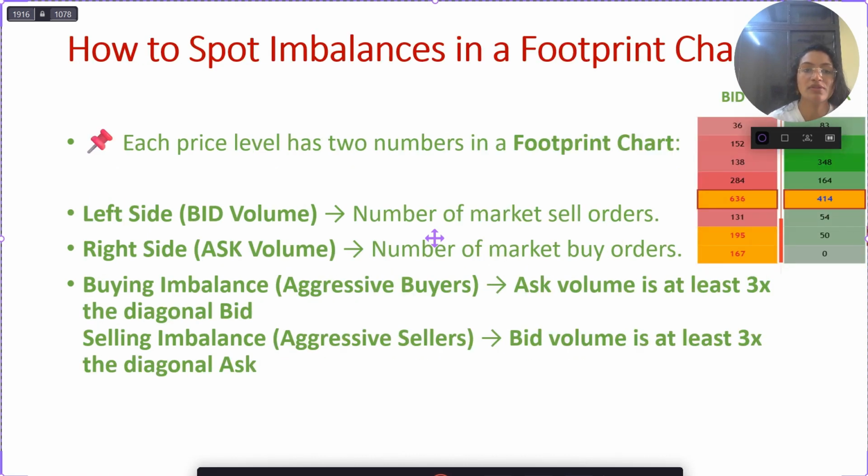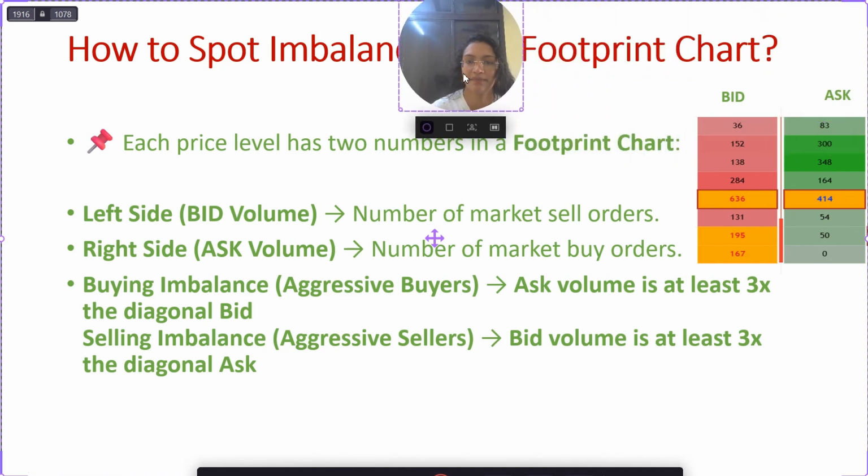Now, how to spot imbalances in a footprint chart? As I have told you, this is what a footprint chart looks like, and this is the candle you can see. On the left side we call it bid. On the right side we call it ask.